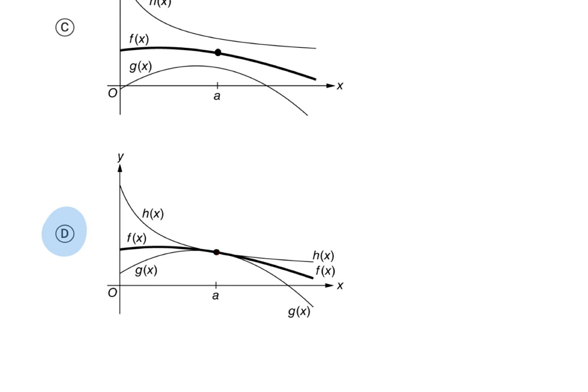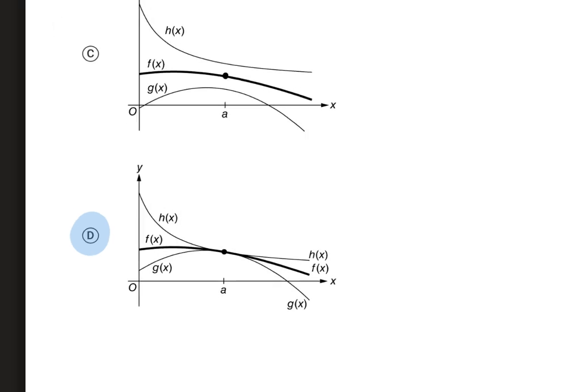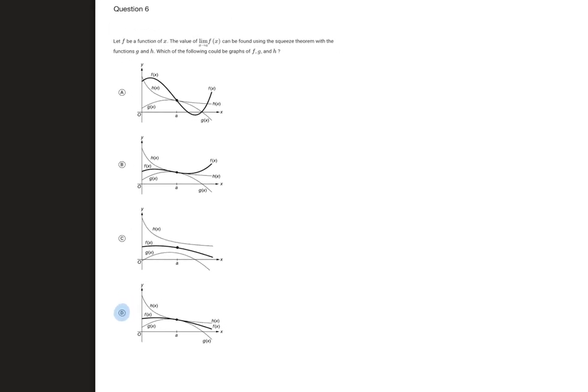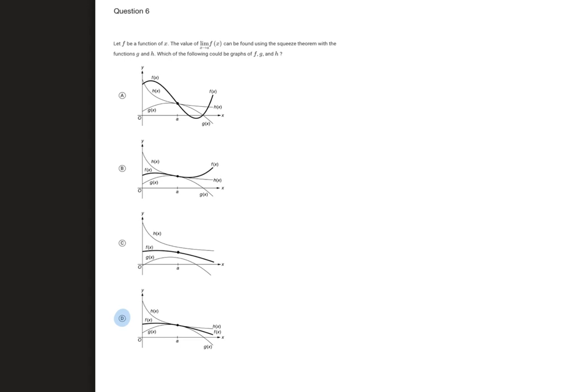And so as long as you've got an upper and lower bound function and f goes in between them and they meet at this point, then you can use the squeeze theorem. Okay, so that's D. Which of the following could be the graphs of f, g, and h in order to use the squeeze theorem? That's D.